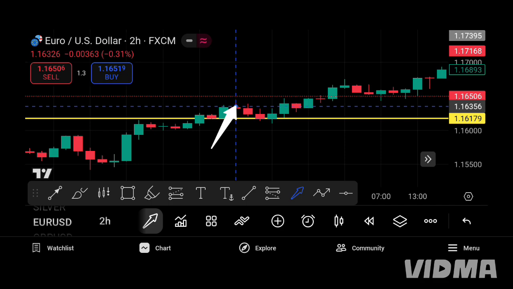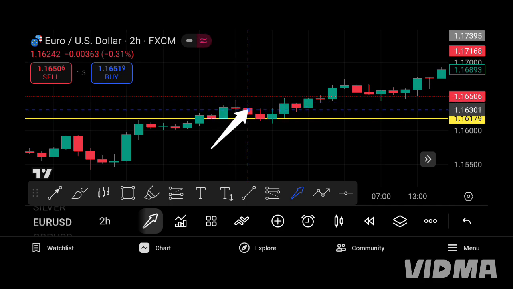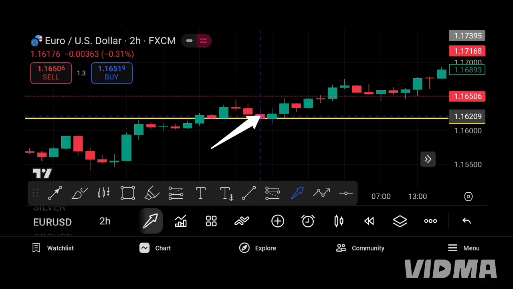Now as you see here, you had this red candle, 1, 2, 3. Then after the 3 candles, the fourth candle was a bullish candle and it swept liquidity, as you can see here below.